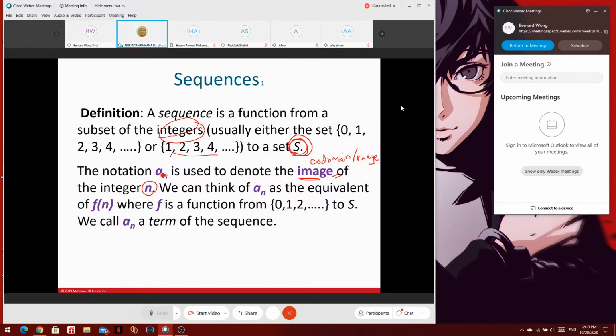Remember that a sequence is basically about the location in the sequence: this is the first number, the second number, the third number, the fourth number. This is what we call the locations of the range or codomain. We can think of a_n as the equivalent of f(n), because this is the value of the codomain, or more specifically the range.